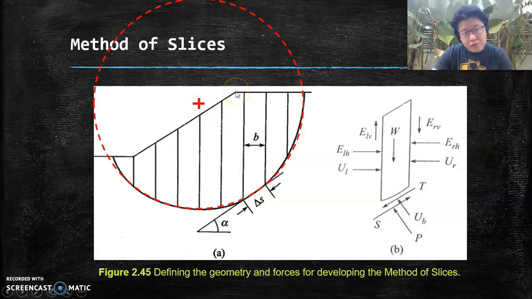We call them the trial circles. You could put your center here, and the circular arc will be somewhere around here. It could be anywhere. So in reality, when we try to analyze slope stability using the method of slices, we would be making trial circles until we find the most likely place where the failure surface may take place. So the important thing to bear in mind is that it is part of a circle.